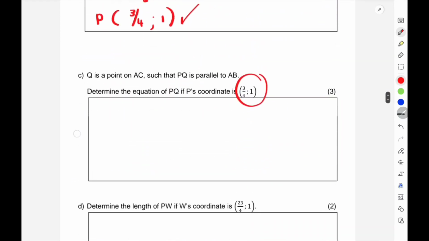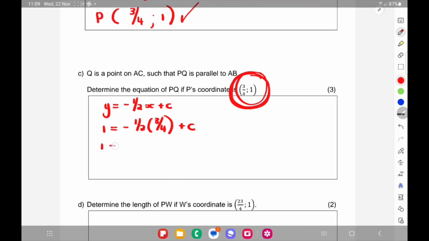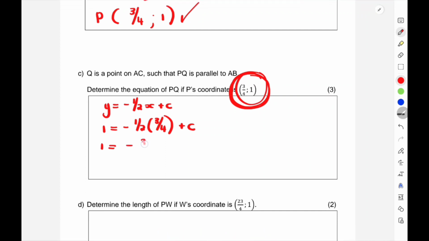Okay, so now I'm going to go back, and the equation for PQ is y is equal to -1/2 x plus c. And now we can replace the P coordinate there as y is 1 and x is 3/4 to find the full picture of that equation. So 1 is equal to -0.5 times 3/4, which gives you -3/8 plus c.